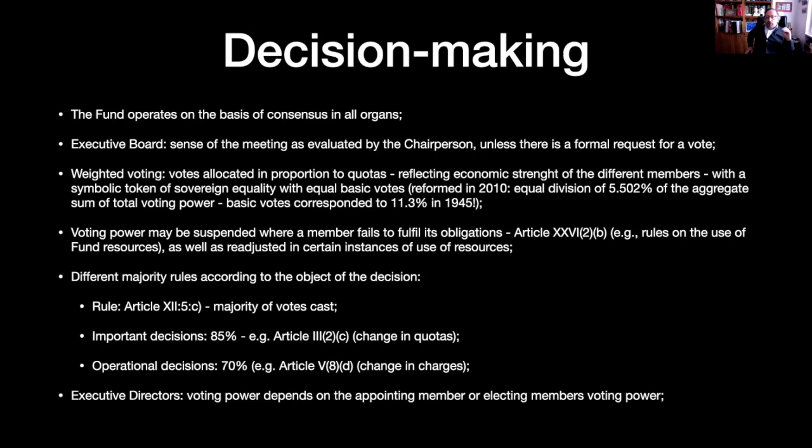Now, votes attributed on an equal basis to all members are only 5.5%, less than half what it was in 1945. So these are the rules, of course, but there's always been a lot of pressure, particularly from developing countries, saying we're clearly underrepresented in these decisions.